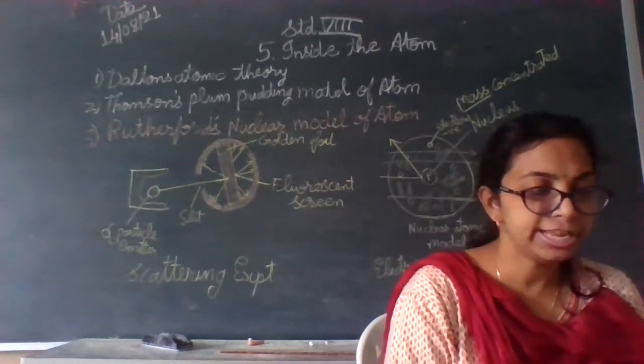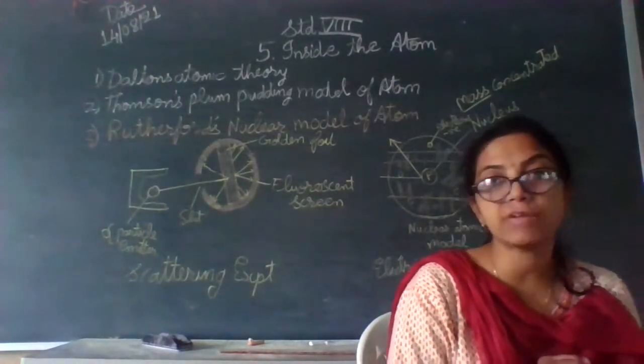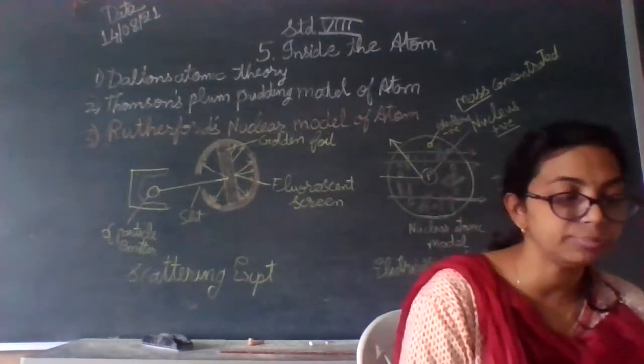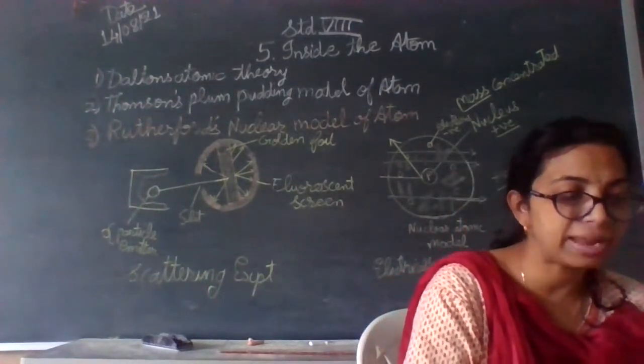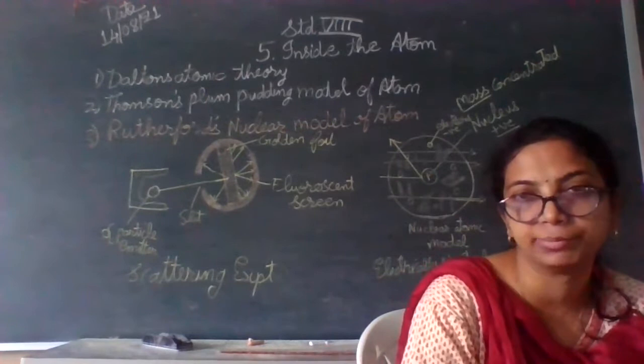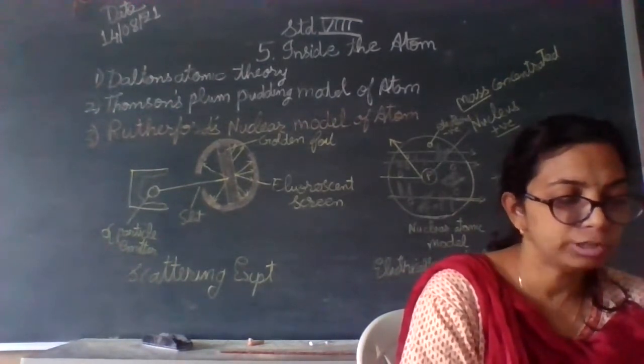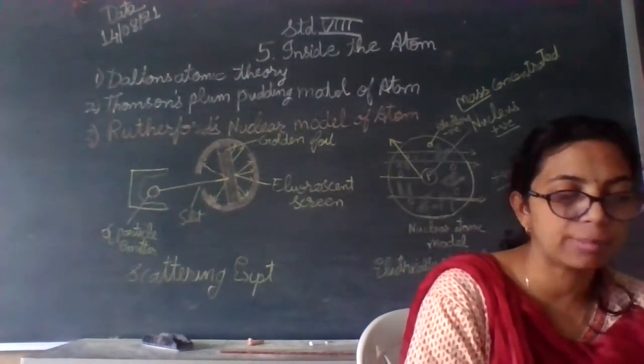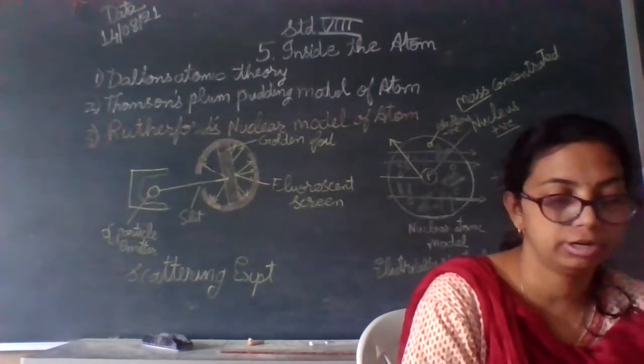Niels Bohr's model, which came forward in 1913, explained the stability of the atom by putting forth the stable orbit atomic model.